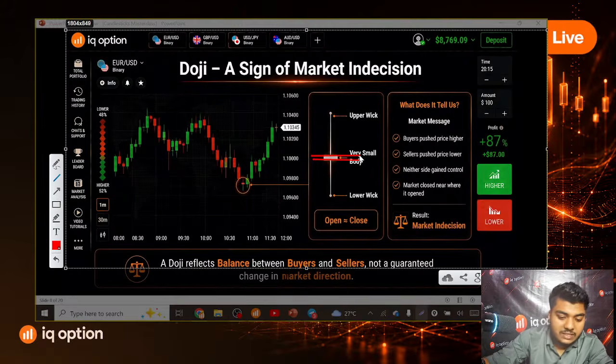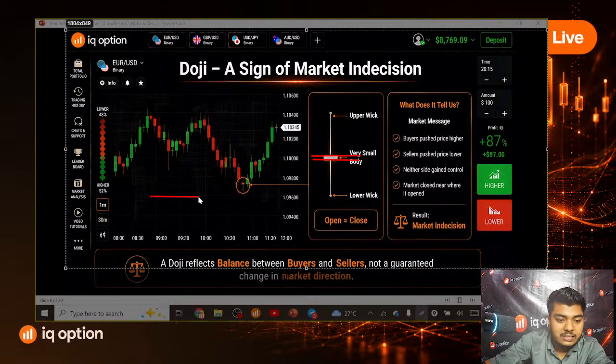The opening price and the closing price are almost the same. This creates a very small body, while the wicks can be short or long. A doji can be like this, can be like this, can be like this.